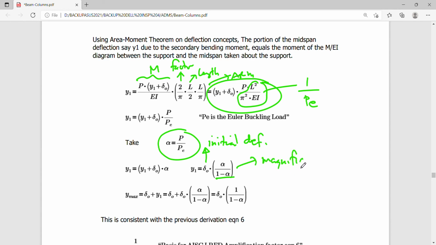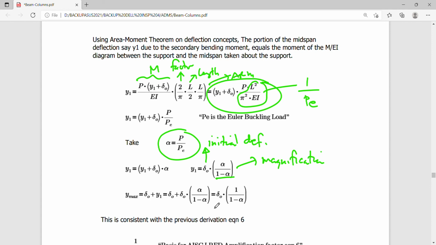Take note, the amplification and magnification are just the same, no? You will notice that if moment is amplified, then the deflection is also amplified. So they just mean the same thing. They are only of different dimension or physical description.